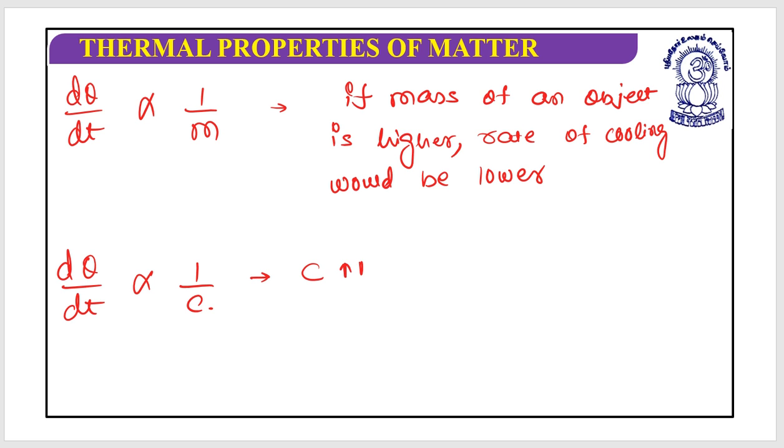If c is higher, this d theta by dt is lower. So these are the factors on which the cooling curves and this rate of cooling depend. I hope this is clear. Do you have any doubts up till now?